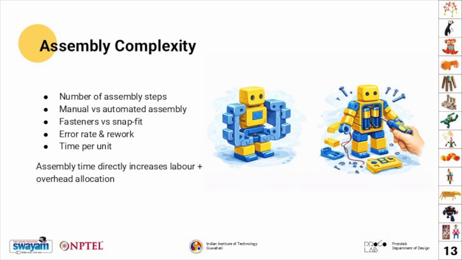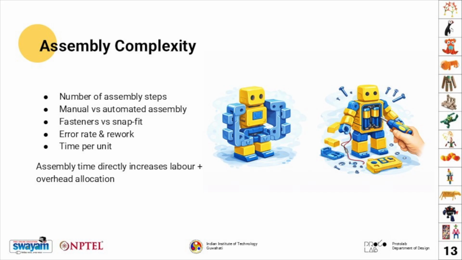Imagine two toys. One consists of two molded halves that snap together with an integrated locking mechanism. The other has 6 molded parts: a battery compartment, internal wiring, 4 screws, and a decorative faceplate that must be aligned manually.